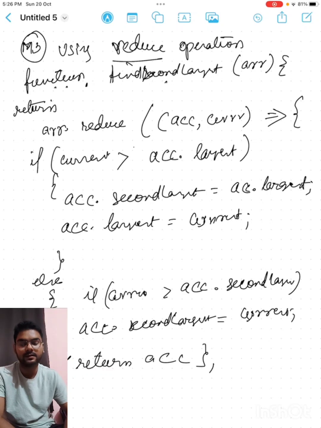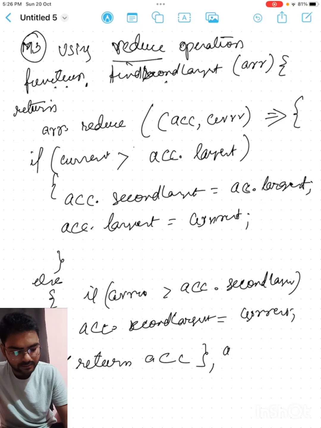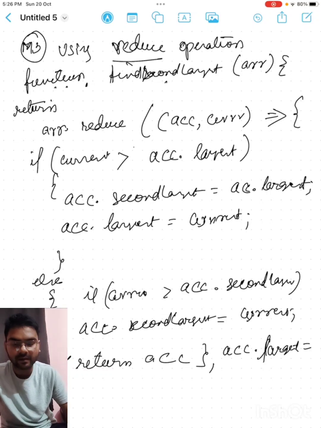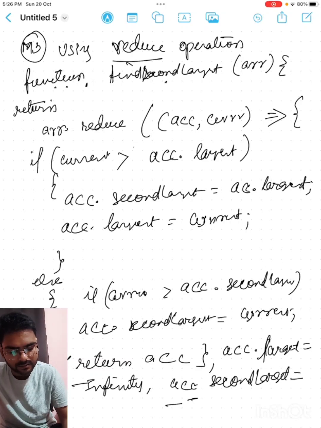Here once again remember, in this reduce operator we have to put the initial value also. So accumulator dot largest equals to minus infinity, and accumulator dot second largest equals to minus infinity.